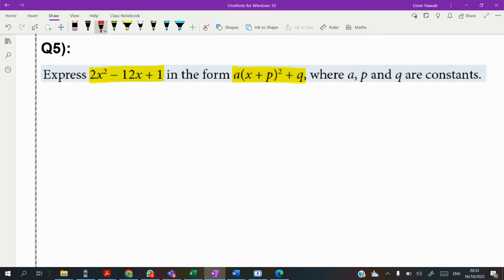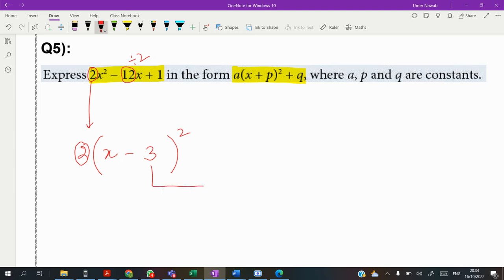How do we write it? The rule says whatever the coefficient you see, you write it outside, bracket open and close, and here you write x. This number 12 divided by 2 gives you 6. Keep the same sign, and divide it by 2 again: 6 over 2 gives you 3.